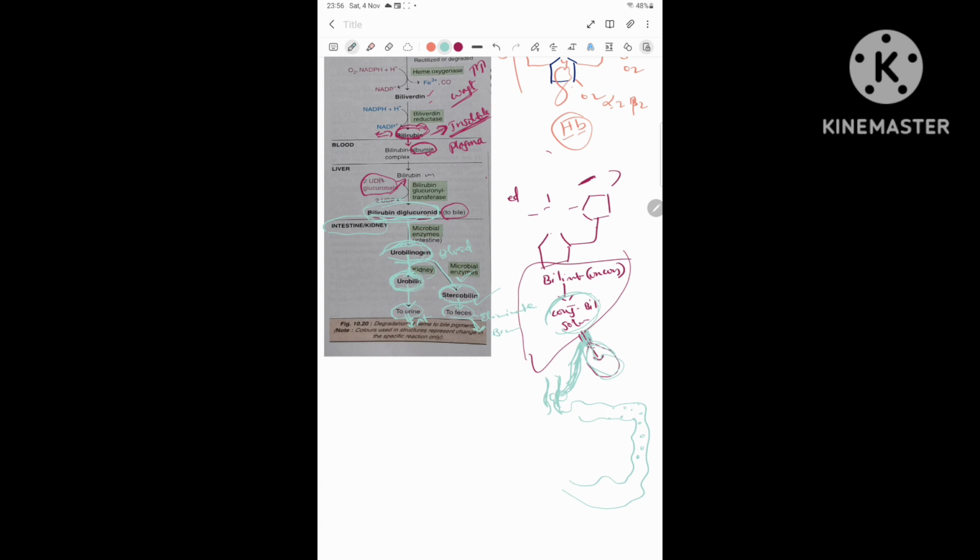Since urobilin is present in urine, we say the color of urine is yellow, and due to the presence of stercobilin in feces, we say the color of feces is brown. The characteristic feature of stool color is brown due to stercobilin and urobilin.